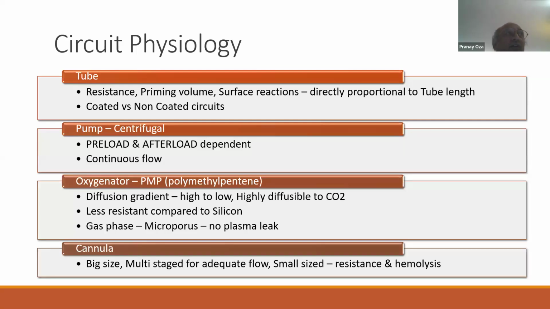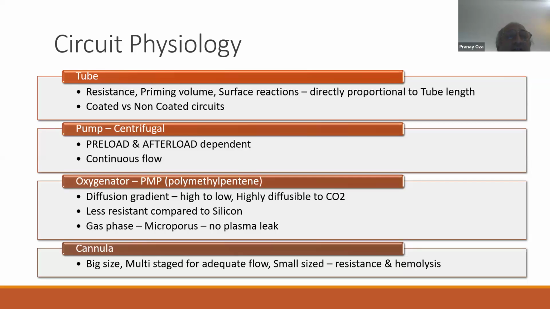What you can set is just the RPM, revolutions per minute, but when there is a change in the preload or afterload, there is going to be a change in the flow. If the preload increases, the flow is going to improve. So preload is directly proportional to flow, while afterload is inversely proportional to flow.